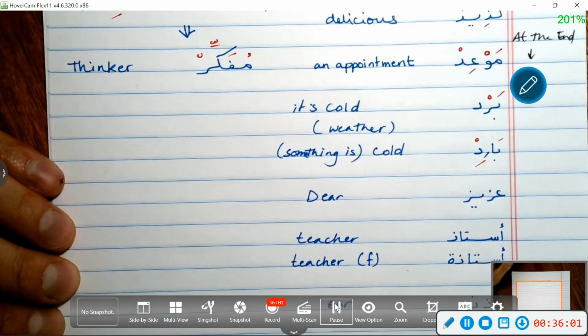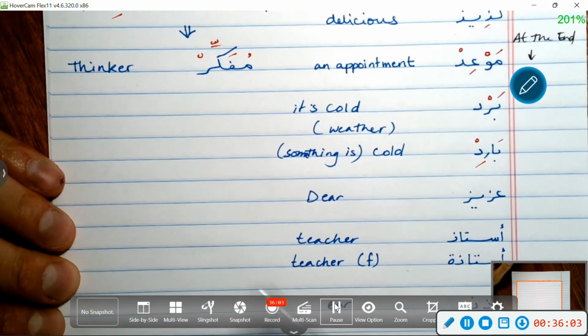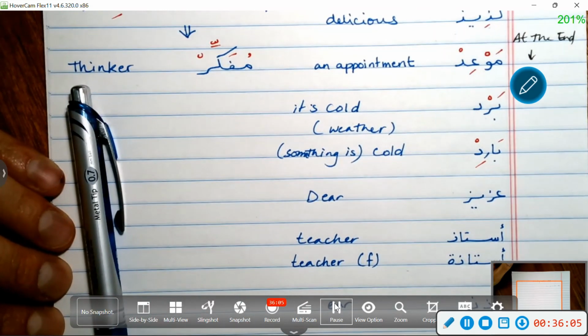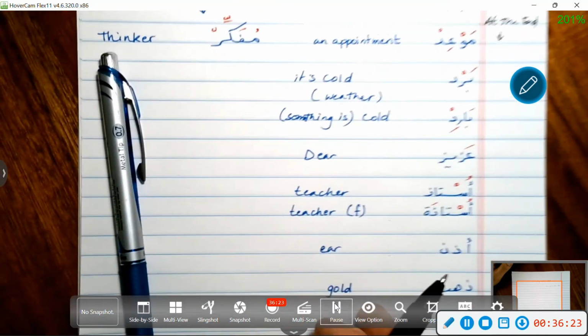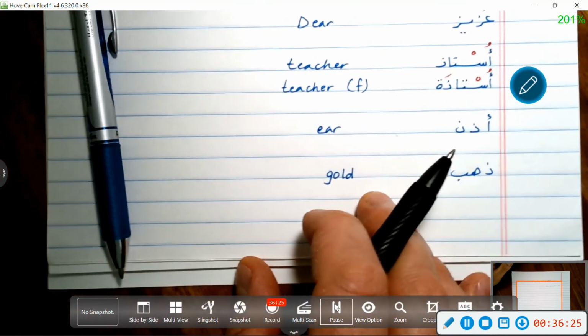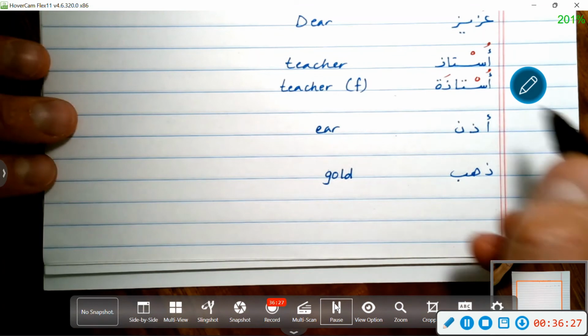Let's add harakat. Aziz, Ustad, Ustada. I have Udun. I have Dahab, means gold.